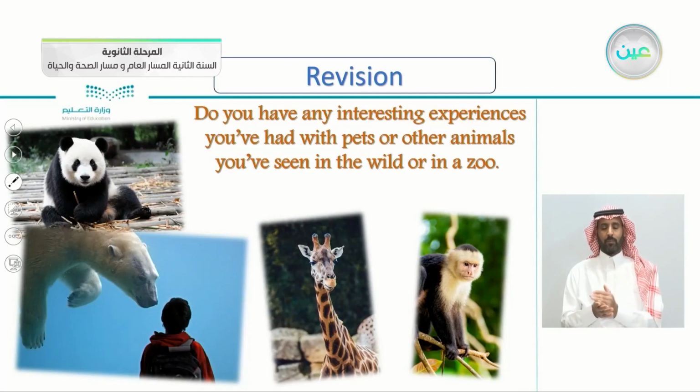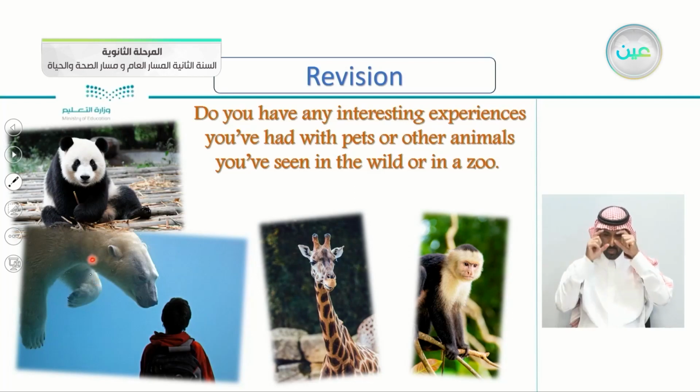Jumping on to the revision of what we previously took. If you remember, we talked about animals. Do you have any interesting experiences you've had with pets or animals you've seen in the wild or in a zoo? And what's this animal here? Yes, very good. It's a panda. What's this one? It's white.